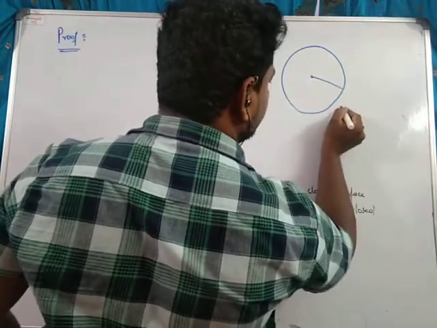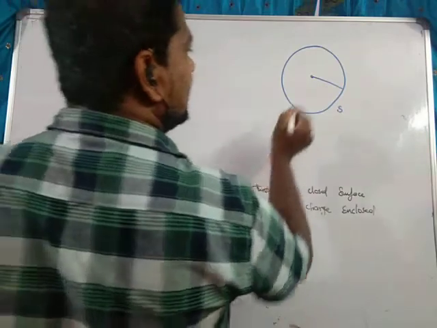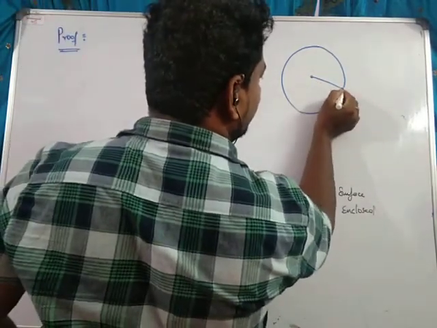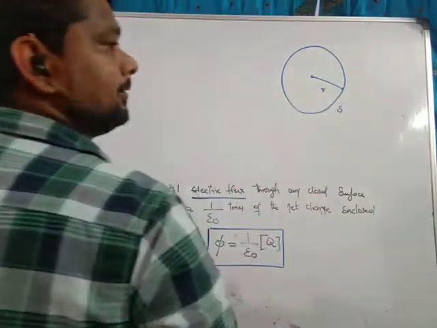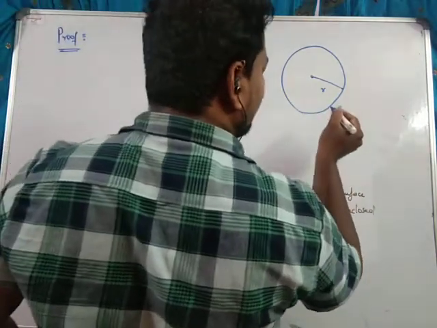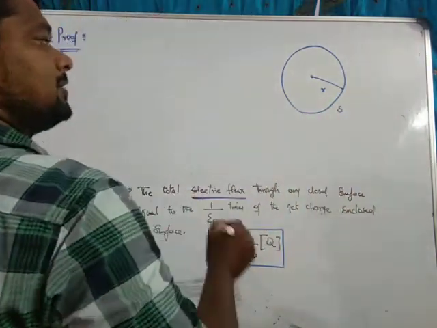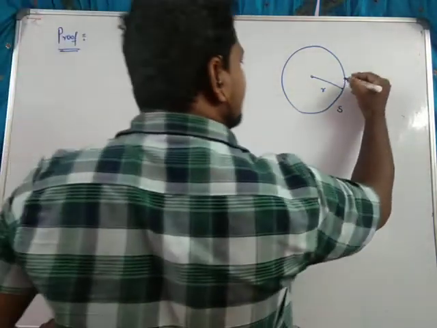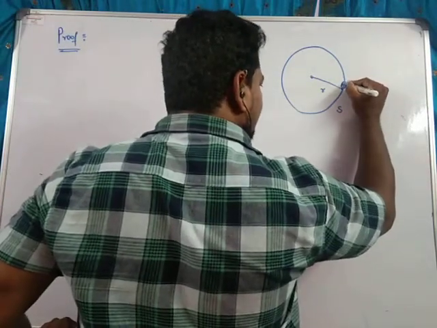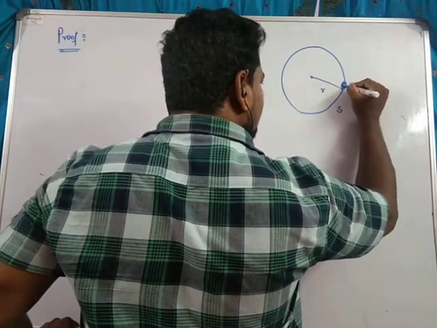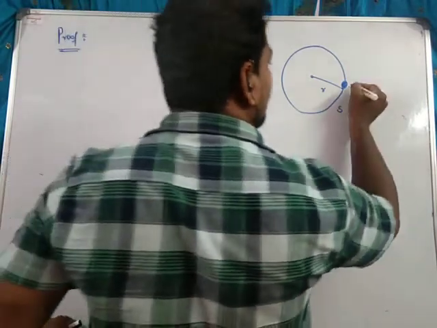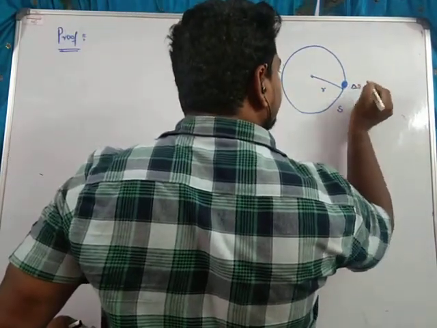So we have a total surface S, and from the center to the surface we have a radius R. Suppose instead of calculating the overall surface, we are considering a small area here. The small area we represent with delta S.